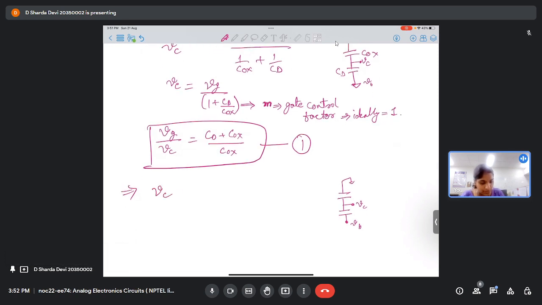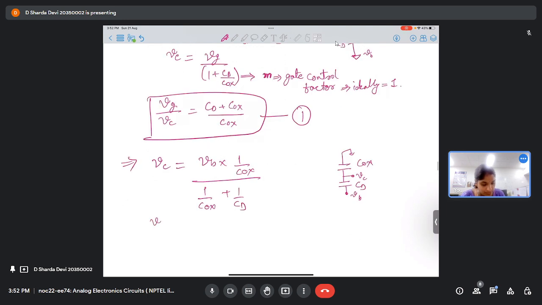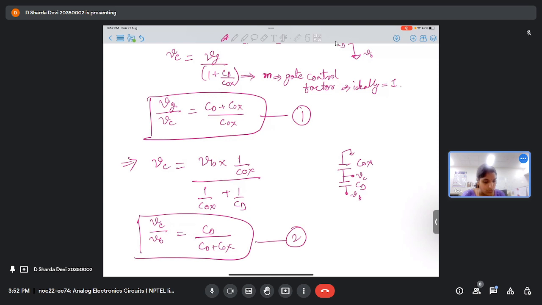So here we'll get Vc equal to Vb into 1 by Cox upon 1 by Cox plus 1 by Cd. So Vc by Vb is actually Cd by Cd plus Cox.